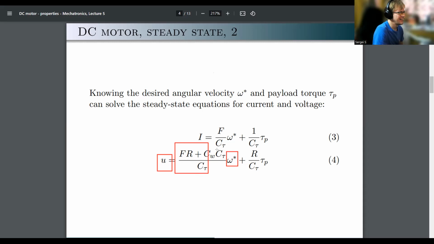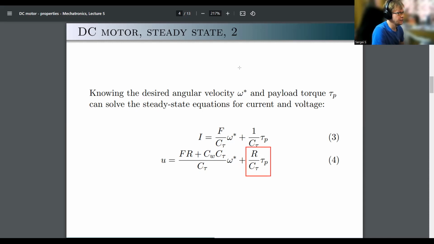Okay. Now, what about this guy? So C omega C tau divided by C tau times this guy. Well, C tau divided by C tau just goes away clearly. And what we have is back EMF. So again, understandable. C omega times omega is back EMF. What is this?